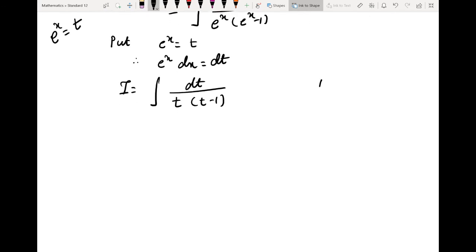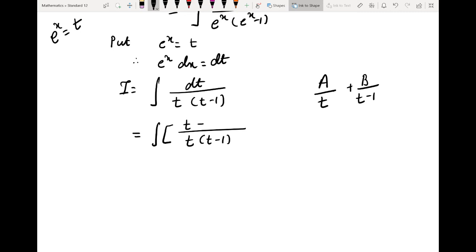Either use the method of partial fractions, a upon t plus b upon t minus 1, and find the unknowns a and b, or by practice, now that we are familiar with this method, write the numerator as t minus t minus 1, dt. That means we have expressed the numerator with the help of the denominator, because if we expand the numerator, t minus t plus 1 gives 1.